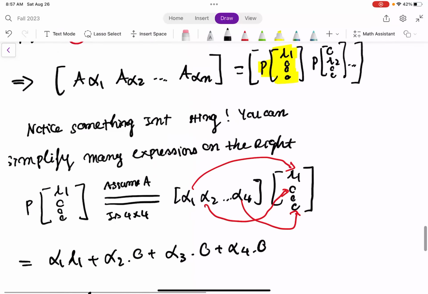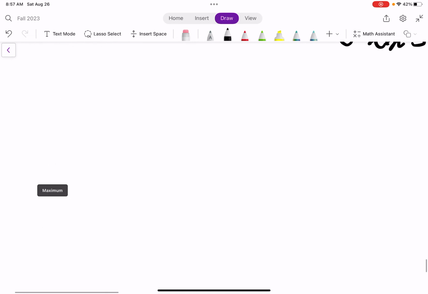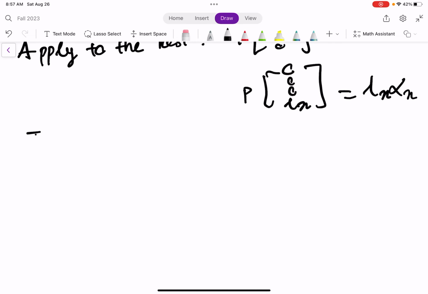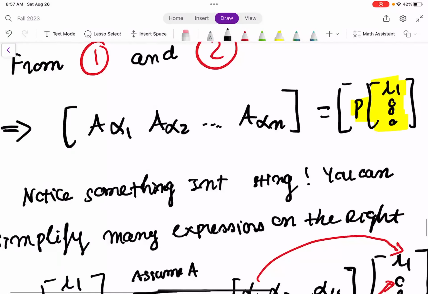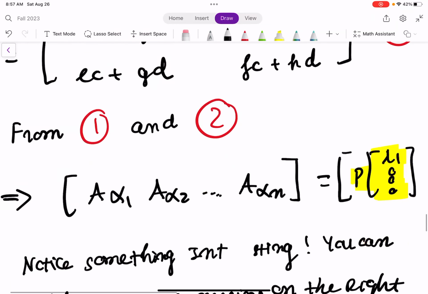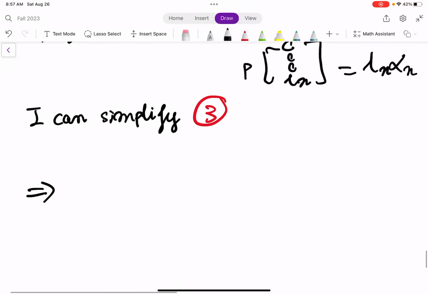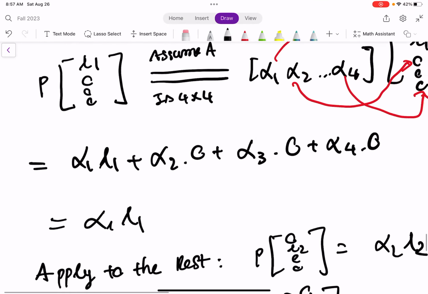Okay, so I can simplify, let's call this 3. I can simplify 3 to what?